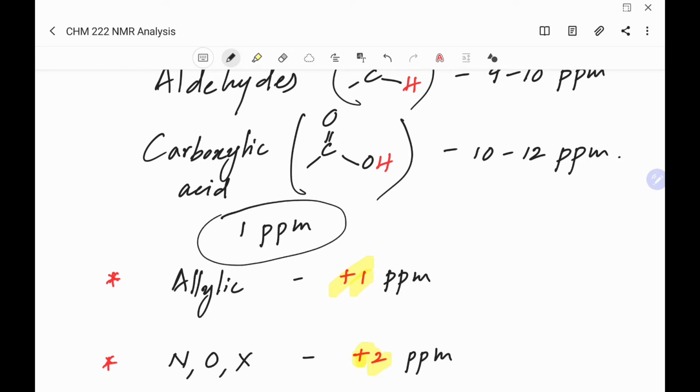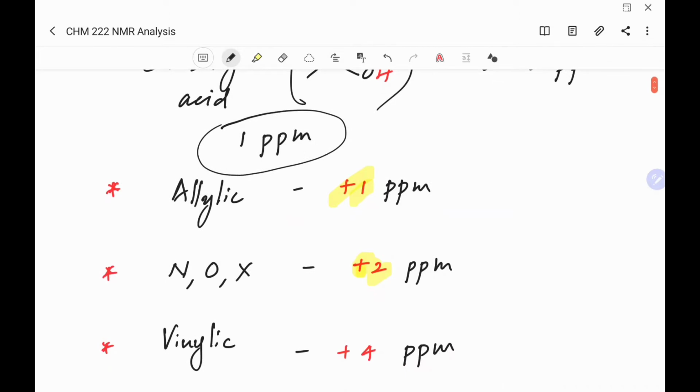If there are no interesting functional groups around, you expect your hydrogens to have chemical shifts around 1 ppm. But if you have functional groups such as allylic groups, the chemical shift will be +1. That means you add 1 to the baseline of 1 ppm, so that will be around 2 ppm.